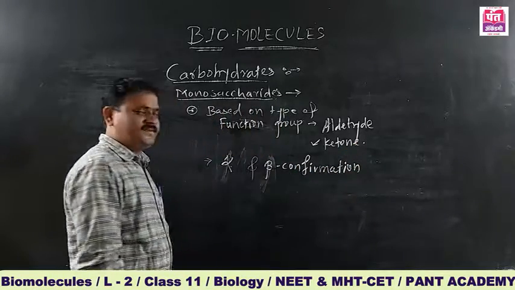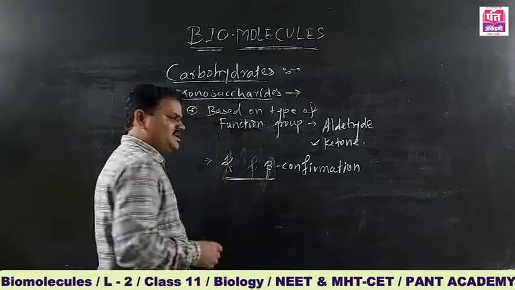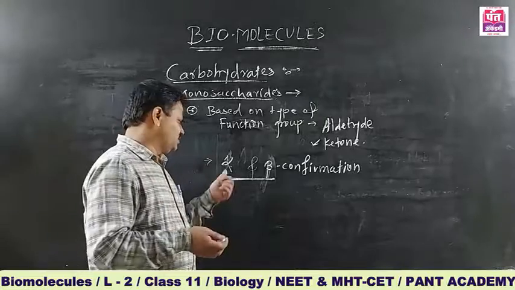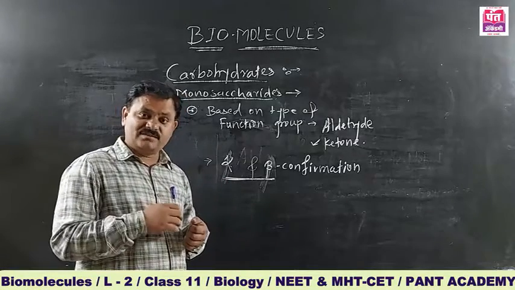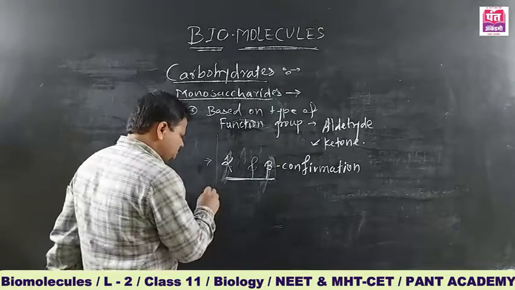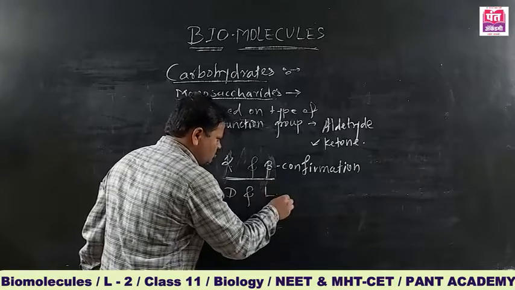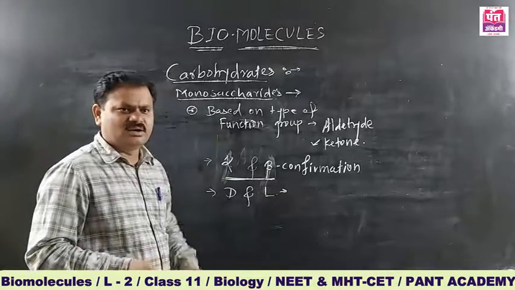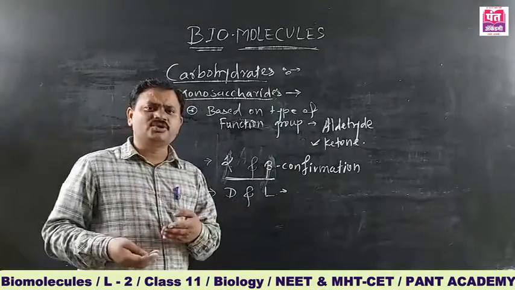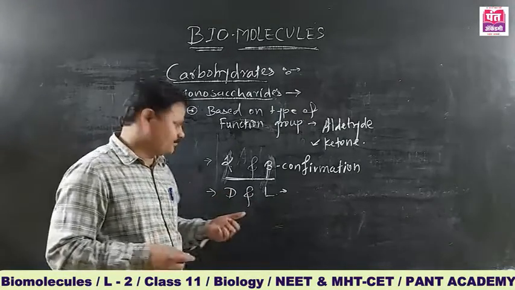What are the different alpha and beta conformations? Many times you will see that a monosugar is an alpha sugar or a beta sugar. Also there are dextro sugars and levo sugars. There are other stereochemical examples we can see, and labeling also.